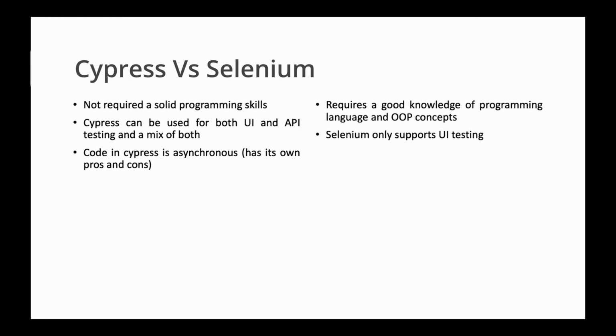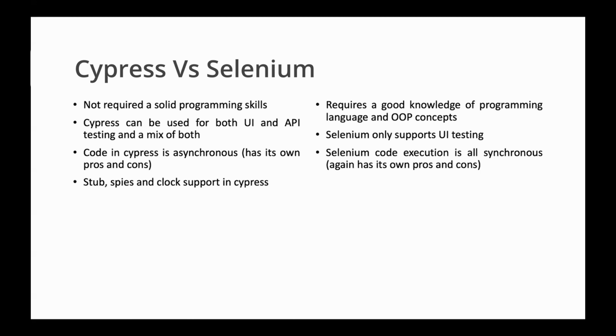Asynchronous means that the commands will not wait for the previous command to complete. They will run in parallel, or you can say they will run asynchronously. We'll talk more about it when we see the Cypress commands. Whereas Selenium code execution is all synchronous. In some cases, you can make it asynchronous, but again, it has its own pros and cons, which we will see later.